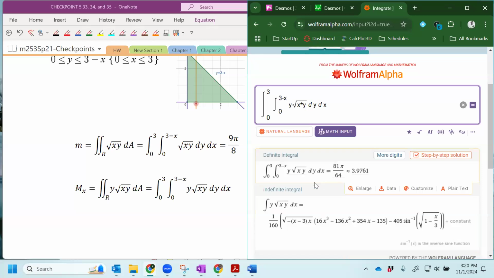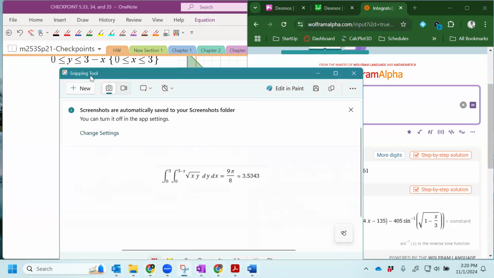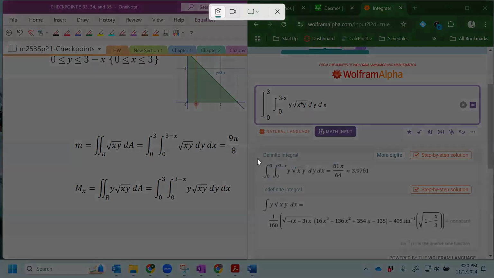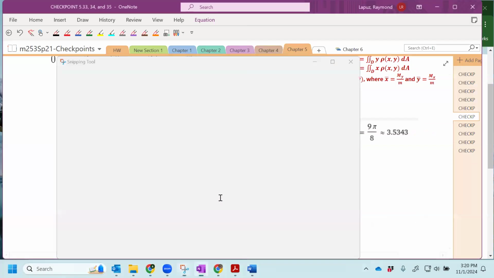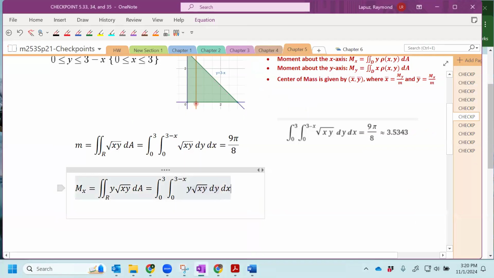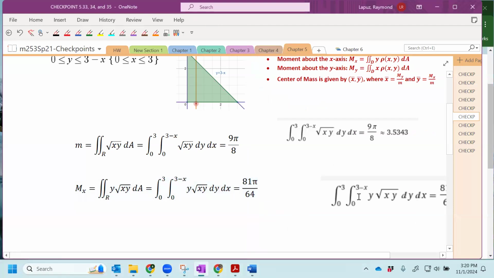It looks like it's 81 pi over 64. So let's mark it here. That's equal to 81 pi over 64. Let's throw it off to the side here as well.